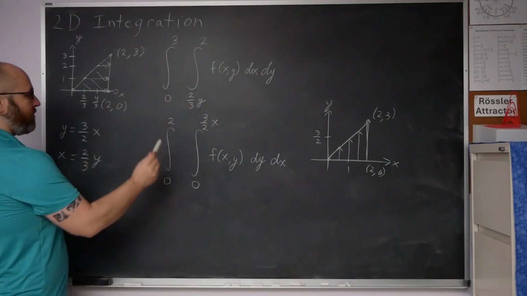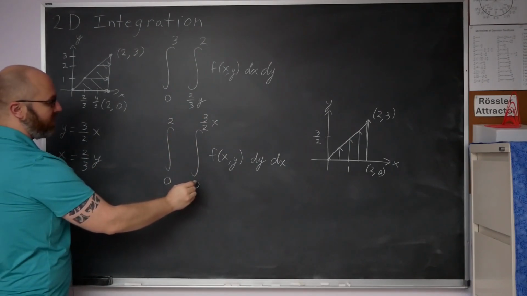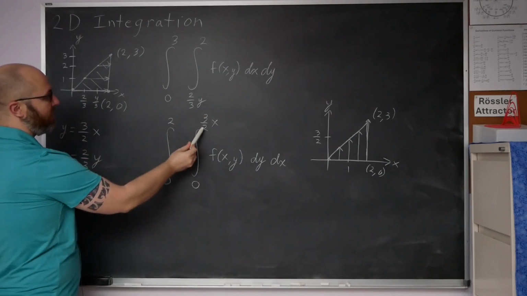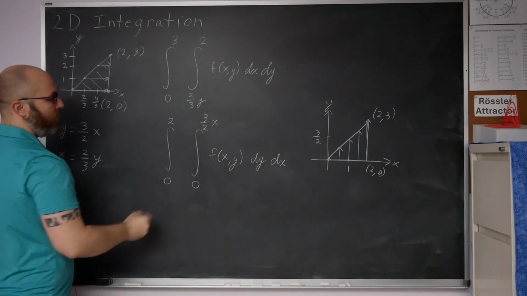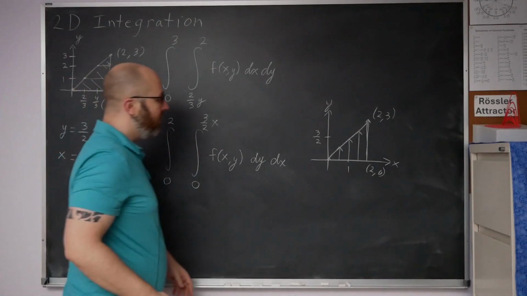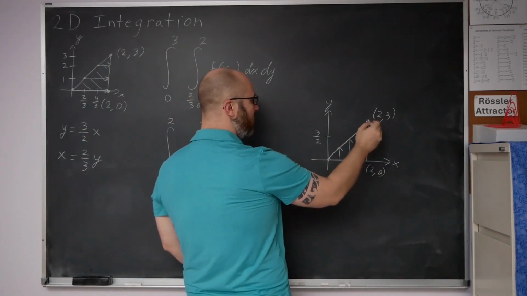If x is equal to 2, then according to this bound, y goes from 0 up to 3 halves times 2, which is 3. So y goes from 0 to 3 when x is 2, and that does look right.